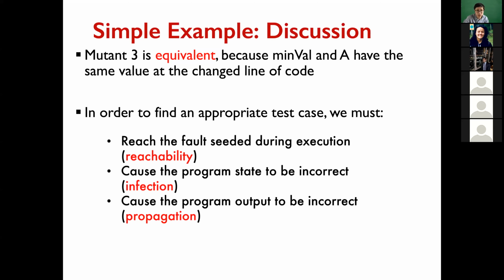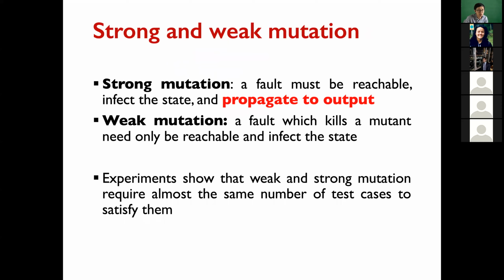Let's look at the strong mutation. What is a strong mutation? What is a weak mutation? For a strong mutation, a fault must be reachable, infect the state, and propagate to the output.